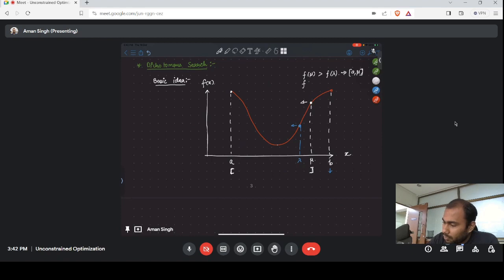Now if f(lambda) is greater than f(mu), note that we are choosing mu and lambda such that lambda is always less than mu, and they are between a and b. If this happens, then we can take the next interval to be lambda and b. So this is a very simple concept.